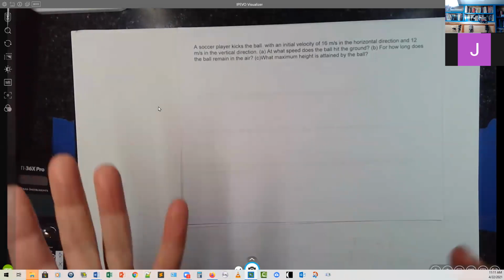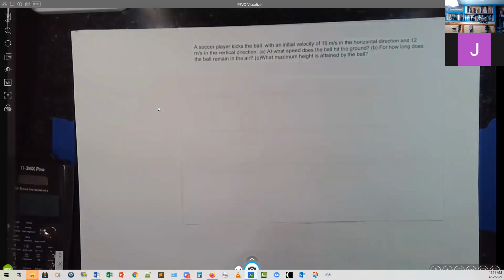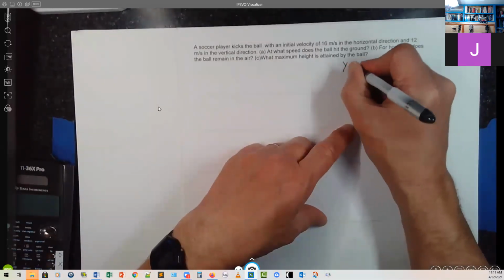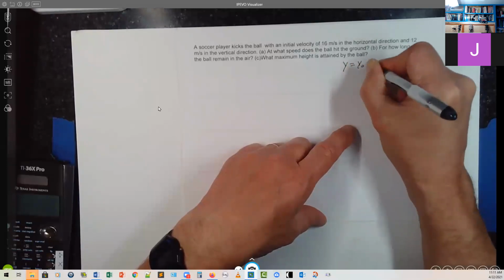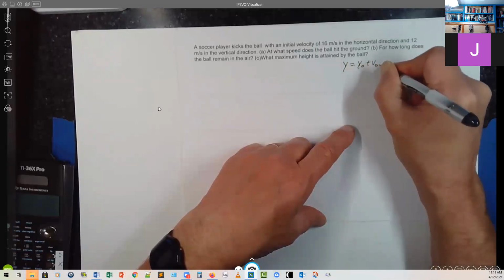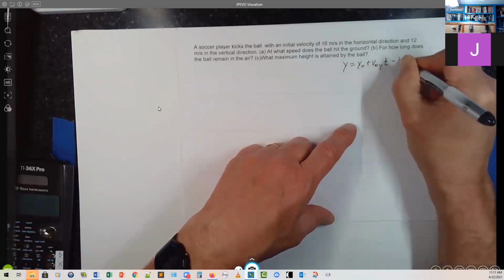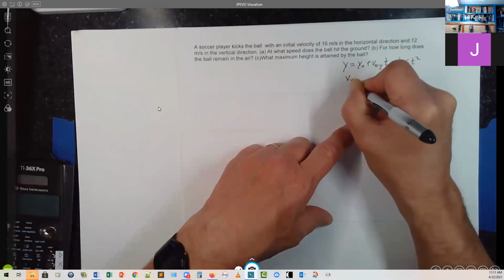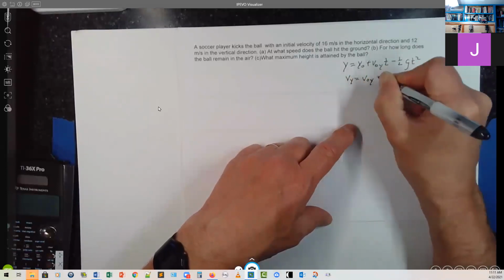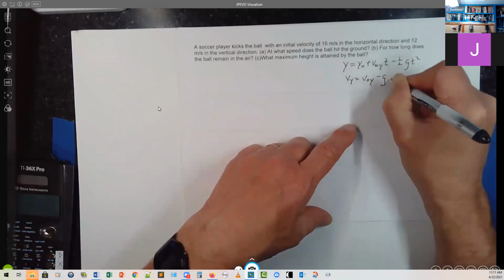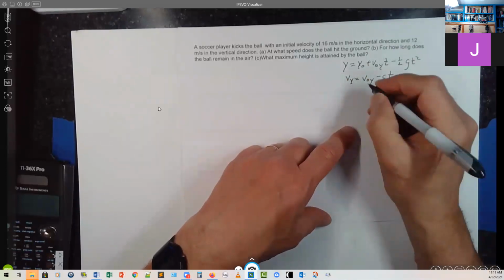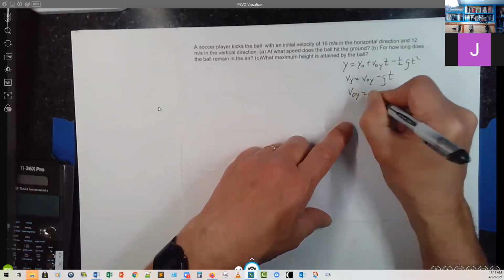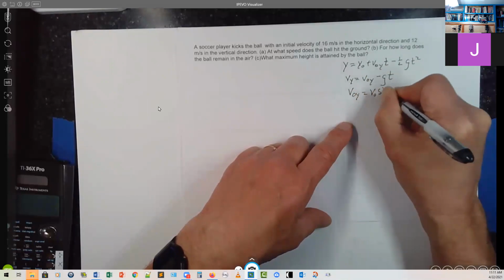But soccer balls behave like projectiles, and so I can write down my projectile motion equations, which look like y equals y naught plus v naught y t minus 1/2 gt squared. V sub y equals v naught y minus gt. And v naught y equals v naught sine theta.